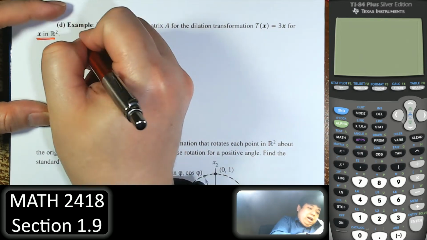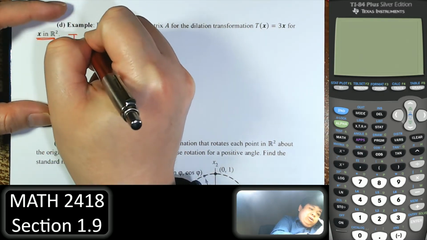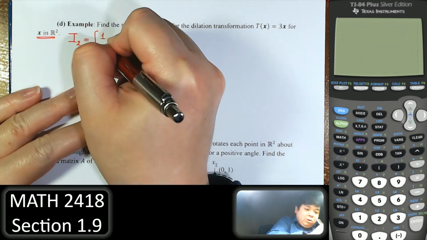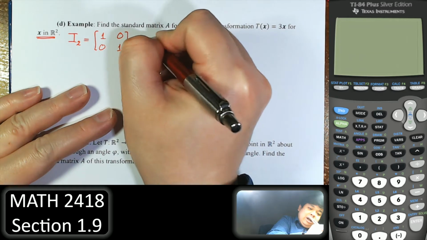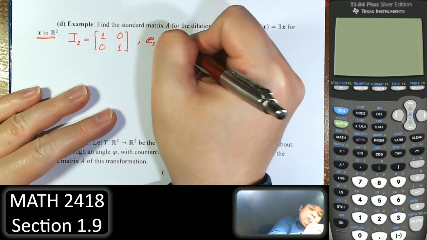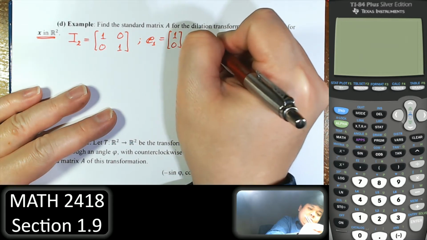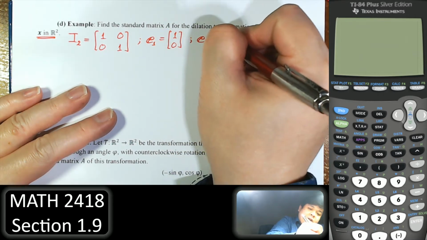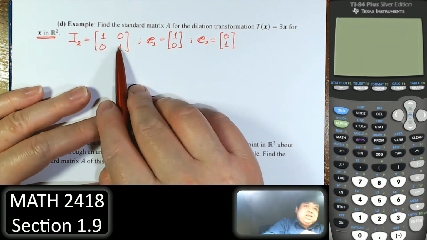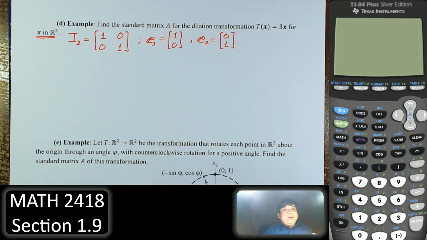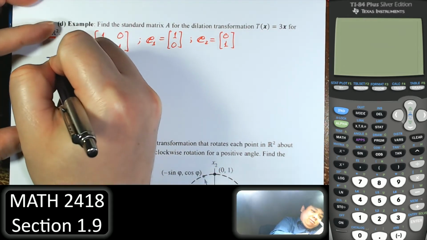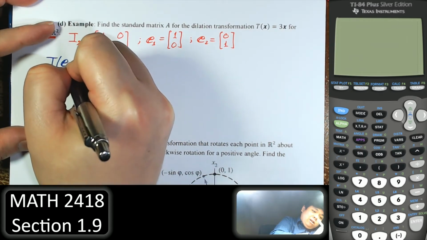So we will look at I2, the identity matrix, 2 by 2: 1, 0, 0, 1. E1 is 1 and 0, and E2 is 0 and 1. So first column E1, second column E2, and all we have to do is find the transformation of E1.